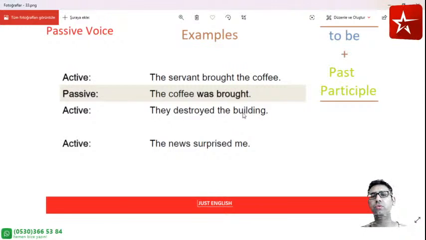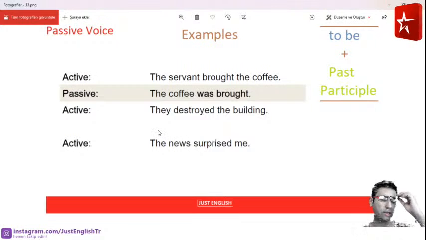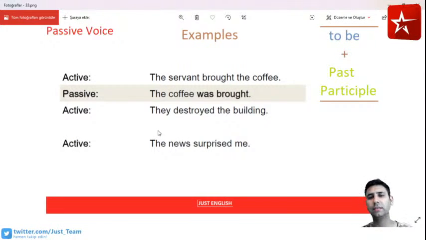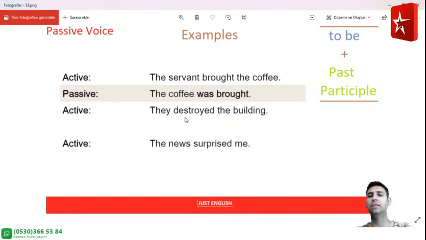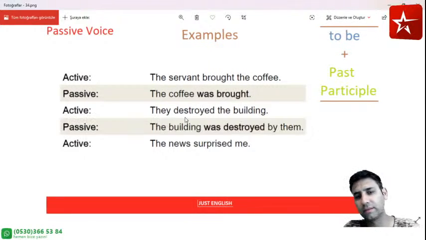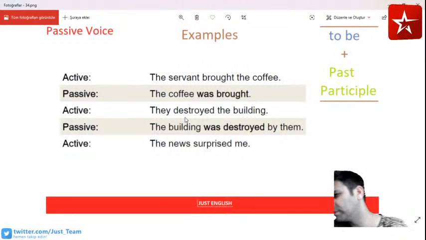Bulalım. They destroyed the building. The building. The building is singular or plural? That's singular, right? Okay. So I'm going to add was right after the building. The building was, and the past participle of destroy: the building was destroyed.